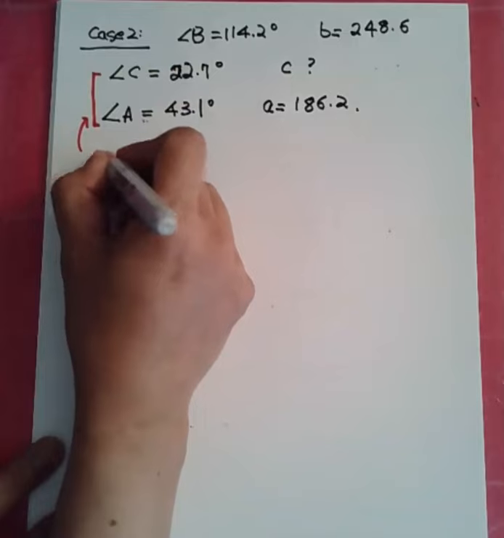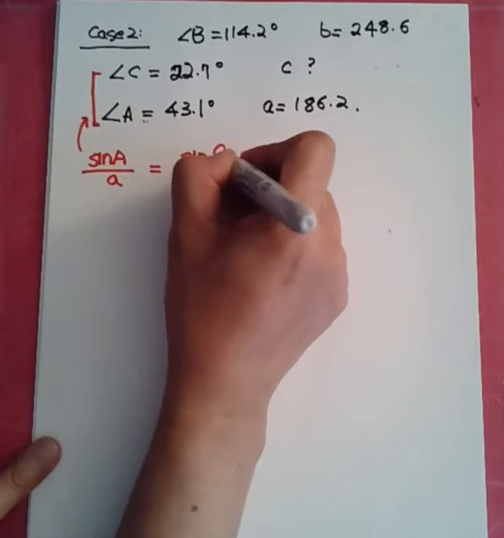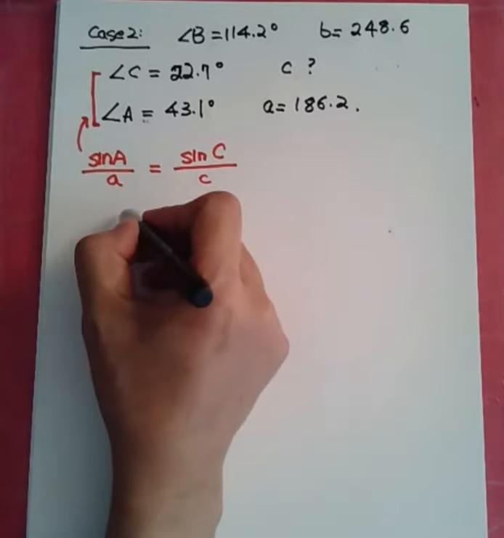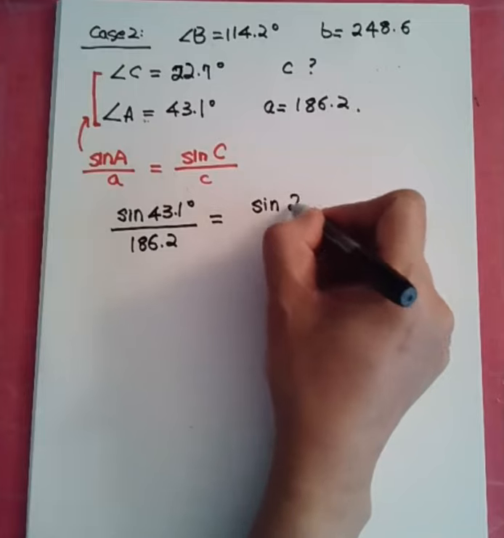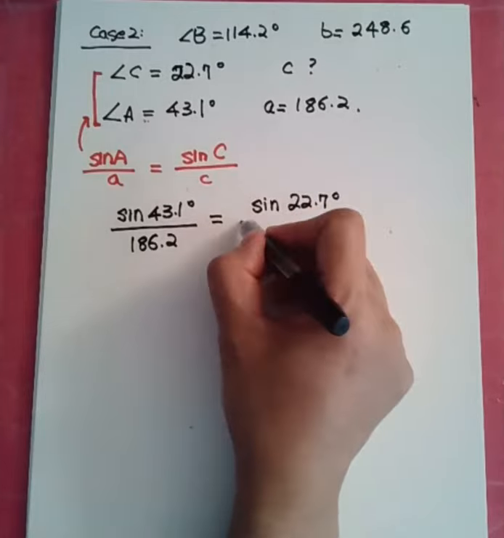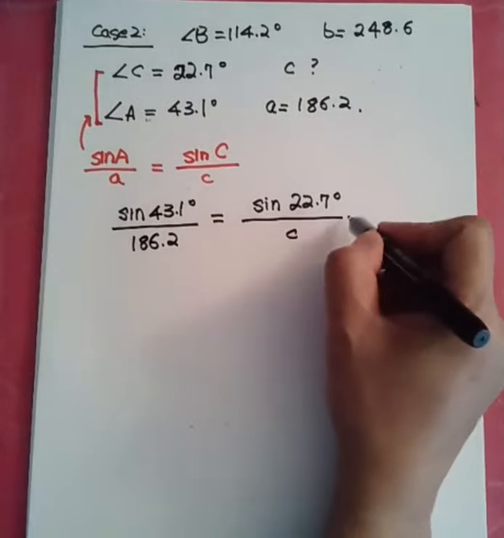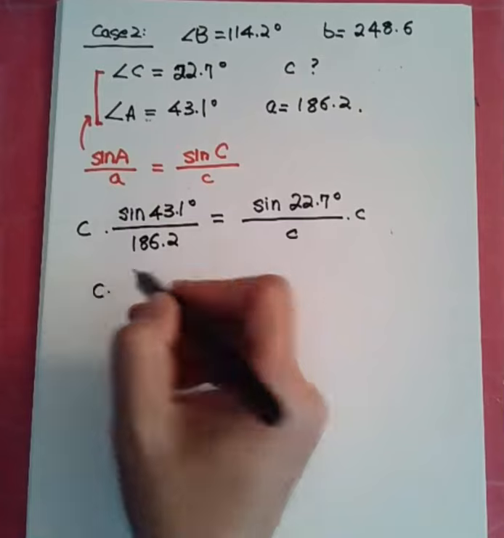We will use sine of A over A equals sine of C over C. So that is sine of 43.1 degree over the side length 186.2 equals sine of angle C, 22.7 degree, over C. So we will multiply by C on both sides and then multiply by the reciprocal.